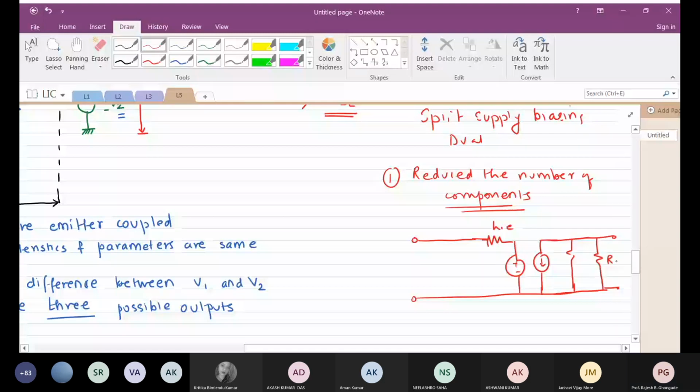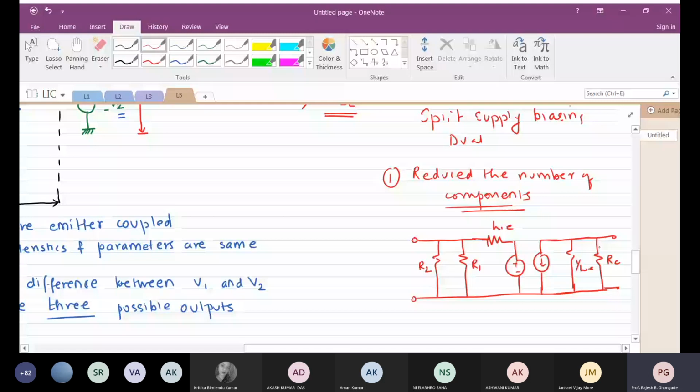This was RC. This was 1 by hoe. Do you remember that? And there was something here. What was that? RE, for the bypassed one. This was R1, this was R2. Remember that?